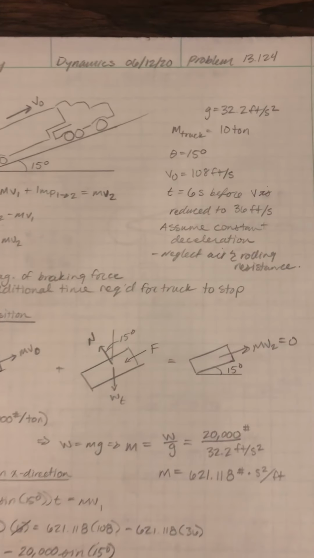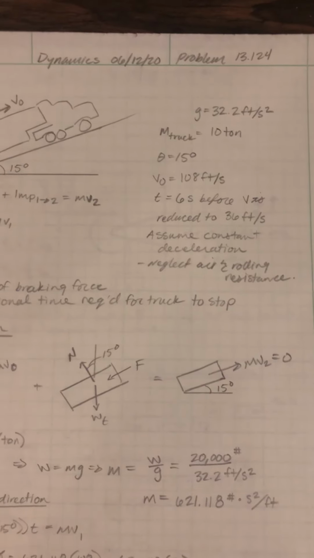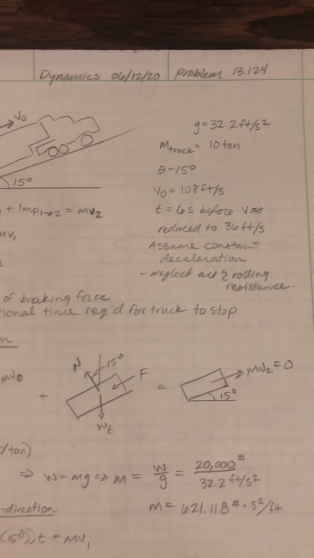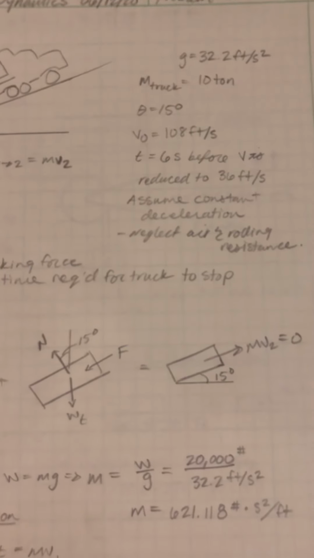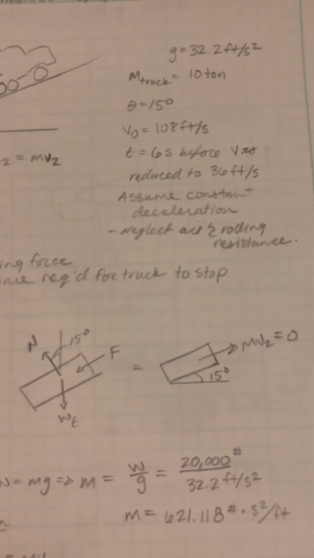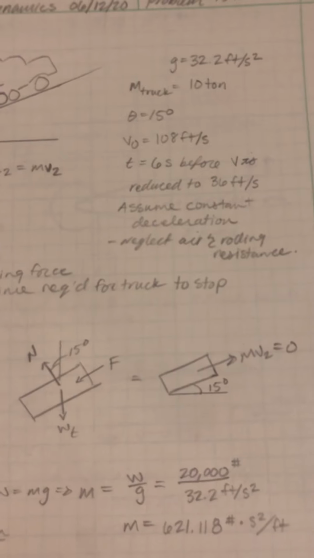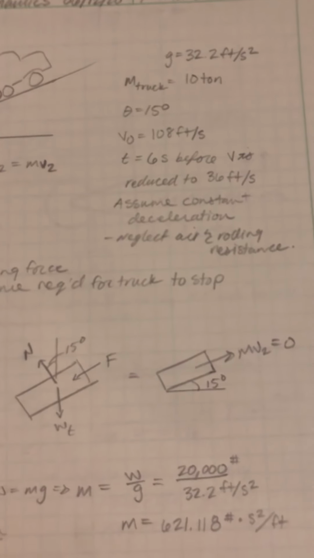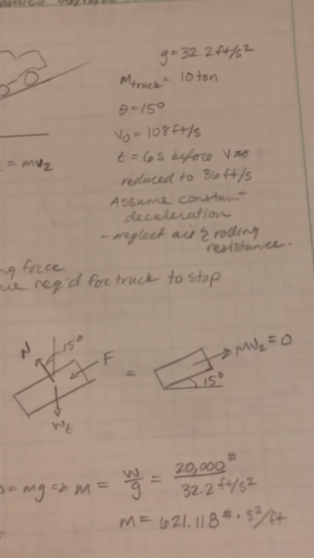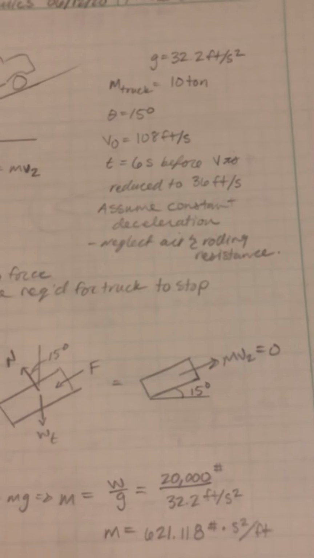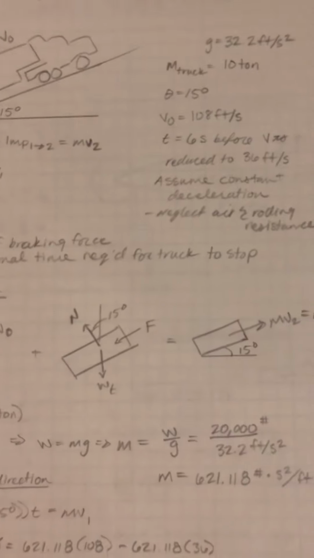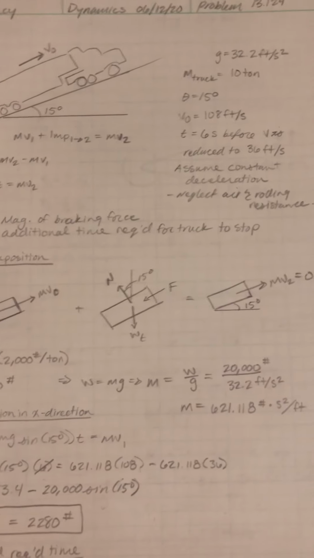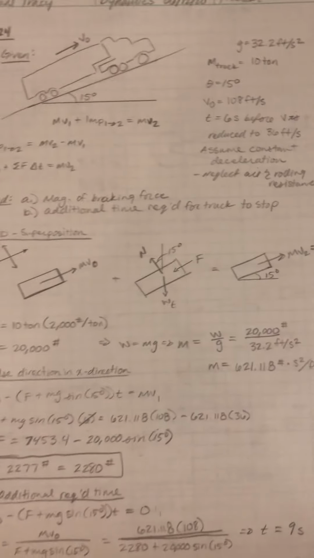So we're given the mass of the truck at 10 tons, initial velocity, and time before the velocity is reduced to 36 feet per second. Sorry, I had to read my handwriting. It was a little jumbled together there.